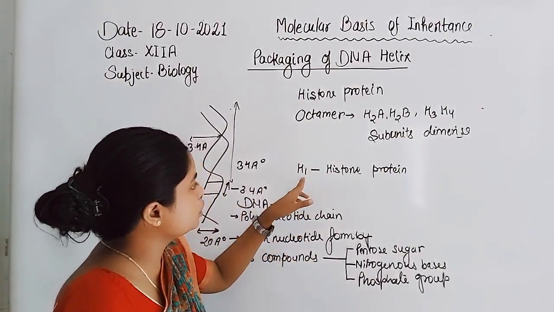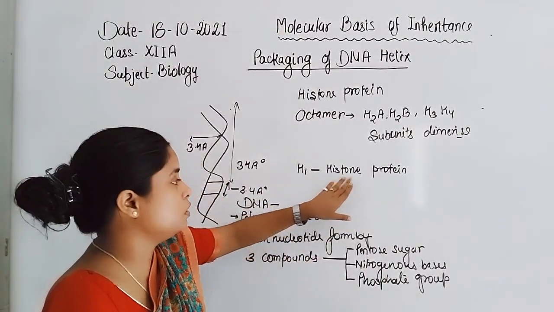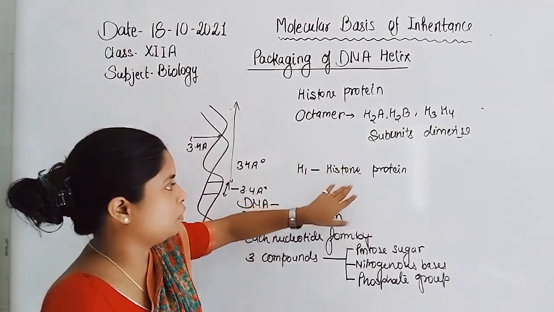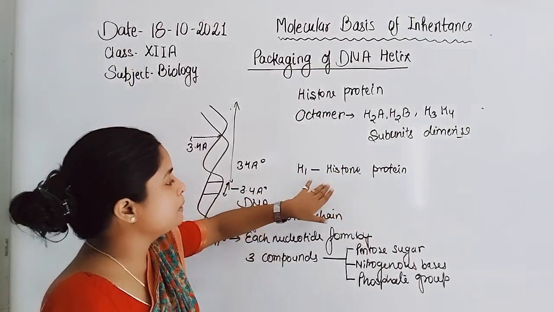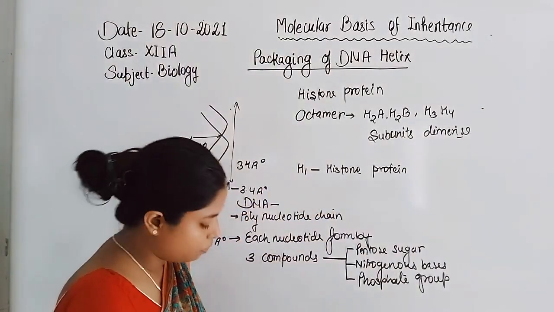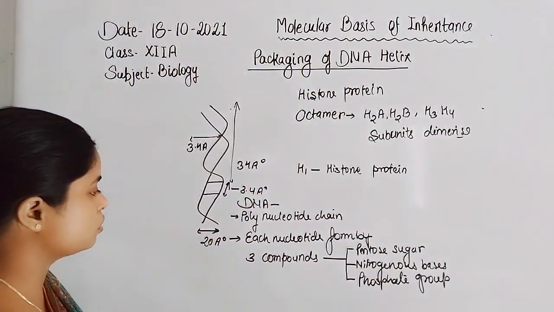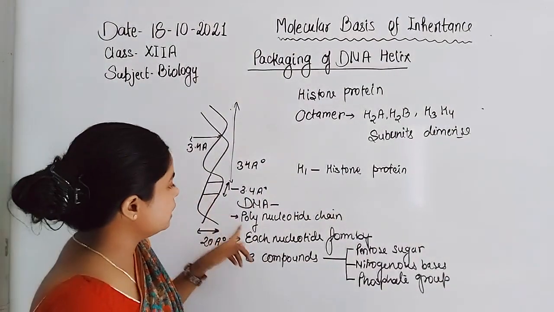And another protein, which is separate from the octamer and is also a histone protein, helps in tying up the DNA molecule. This is formed by H1 histone protein.